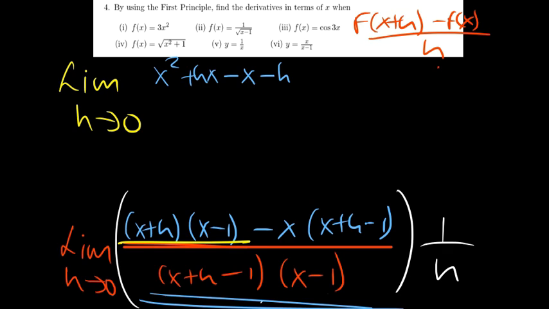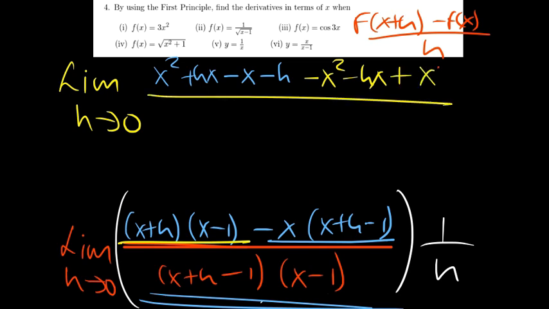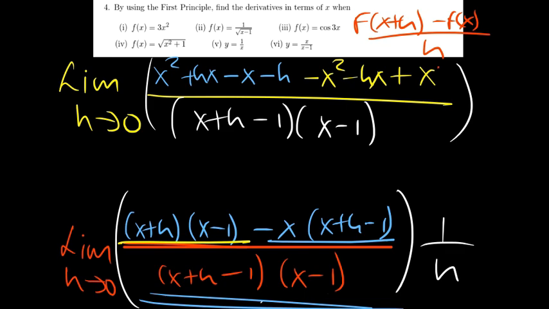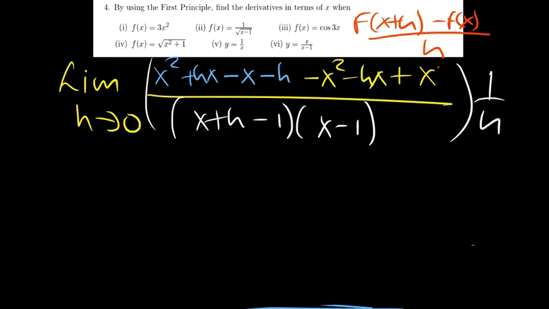And then for the other part, distribute the negative x, so I have negative x squared, negative hx, and then positive x over the denominator remains as it is. We don't like tampering with it, so that we maintain the 1 over h as it is. So our goal is to ensure that on top we remain with h and somehow cancel the one that is out there.